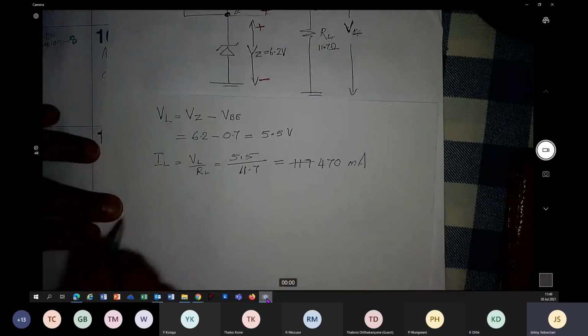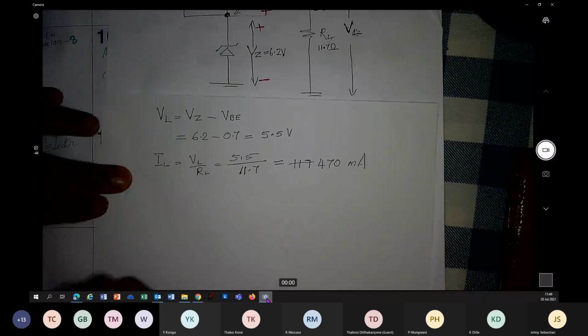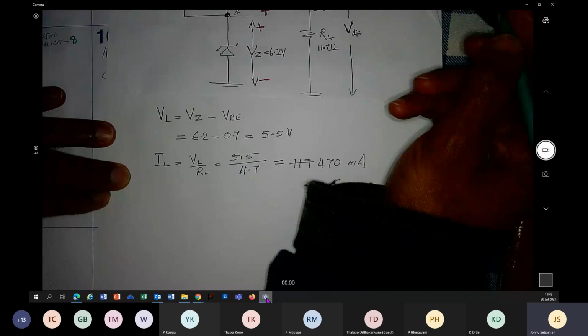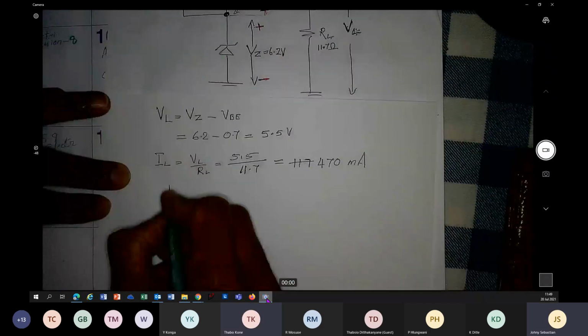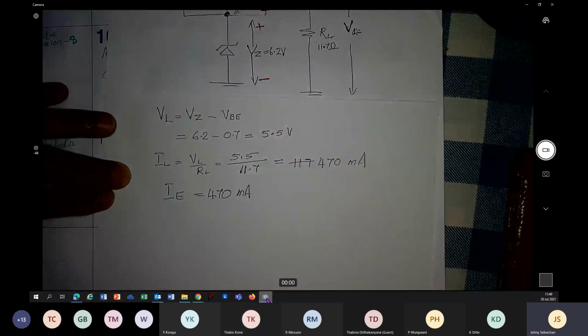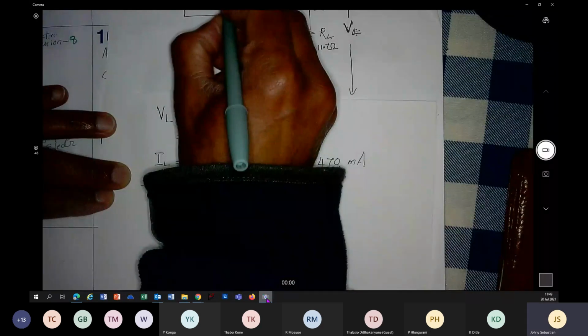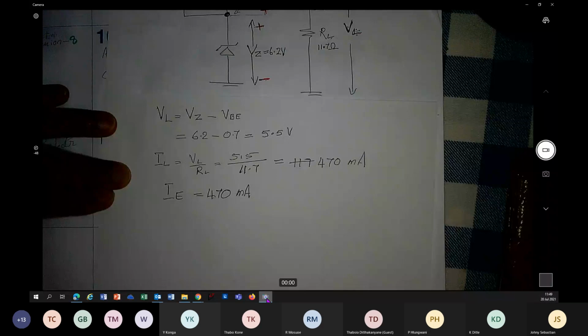Okay, we got IL. IL is this current, which is same as emitter current. Emitter current is 470 milliampere. Can you find this base current? Can you find the base current from the emitter current?